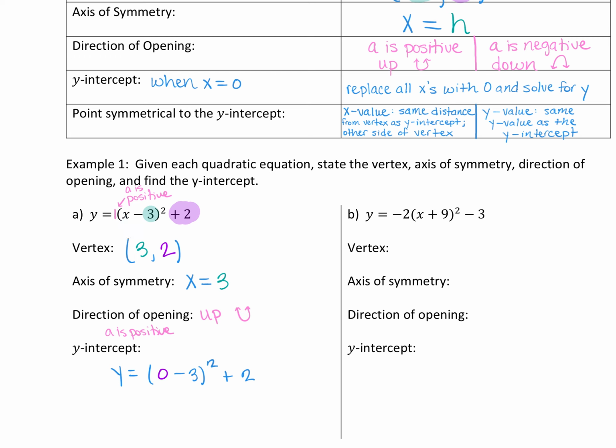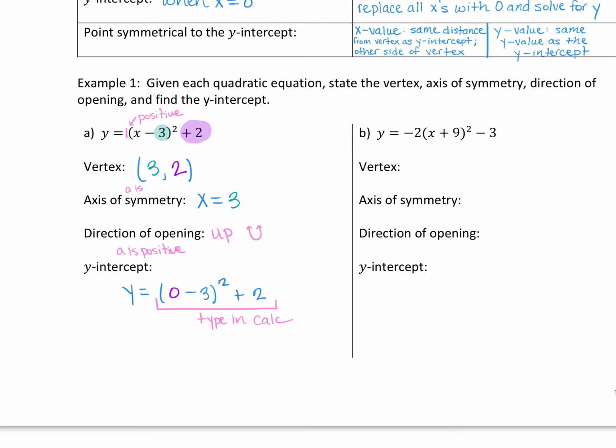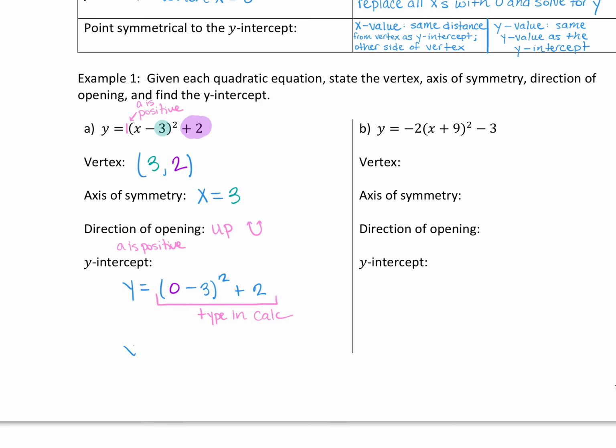Just replace that. And now you can type this part into your calculator. So type in your calculator, and it ends up giving us y equals 11. And so you need to write the y-intercept as 0, comma 11. If you don't write it as an ordered pair, it is wrong.